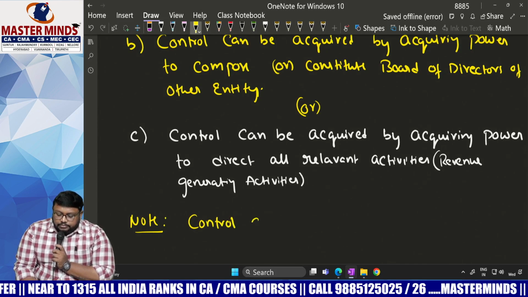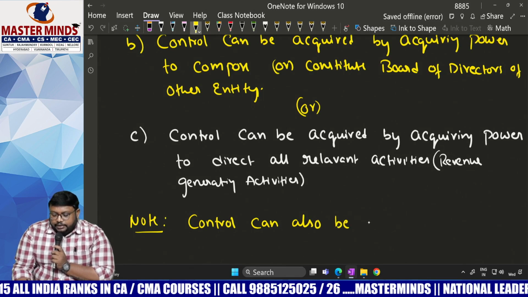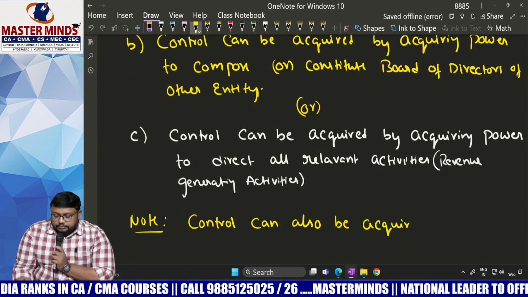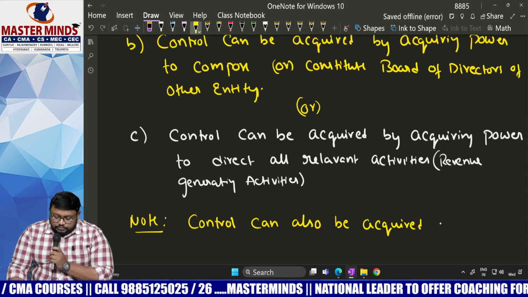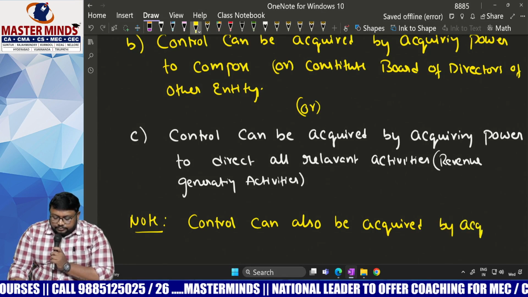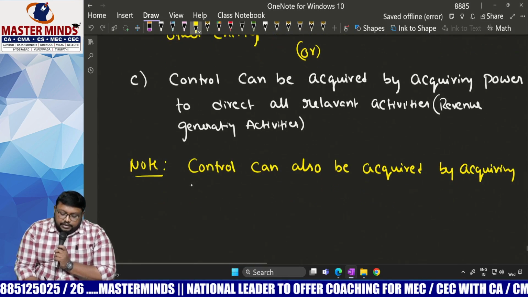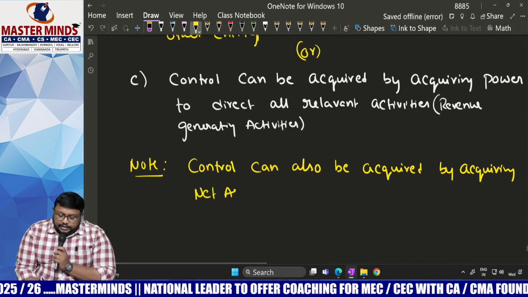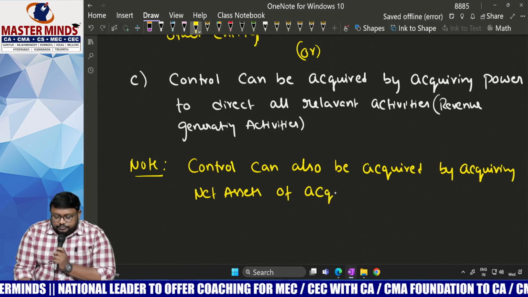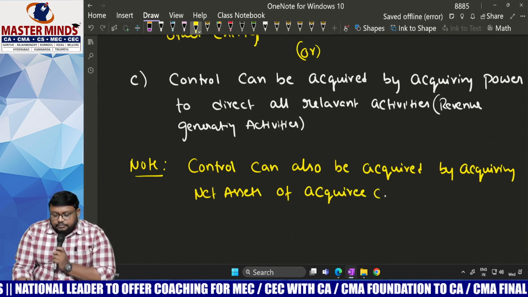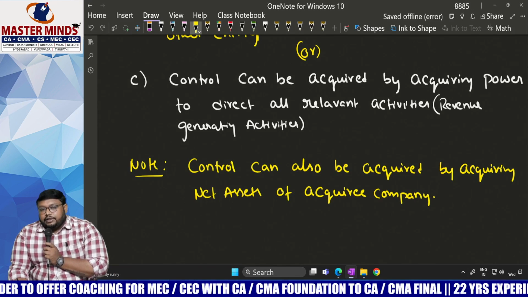Control can also be acquired by acquiring net assets of acquiree company.